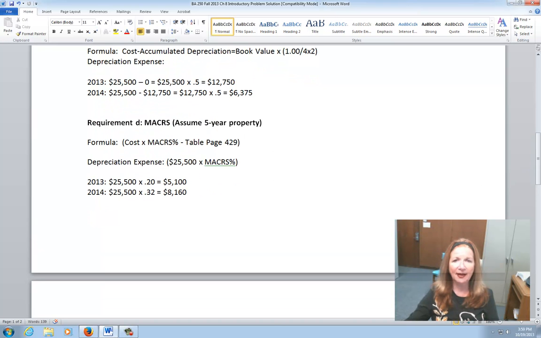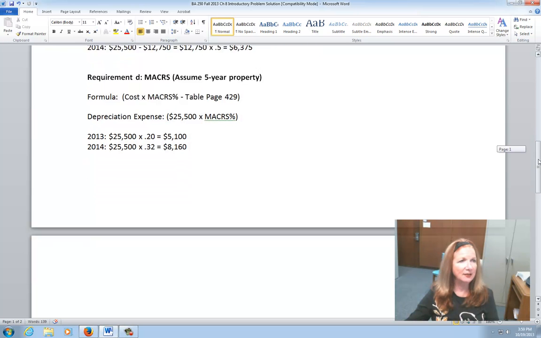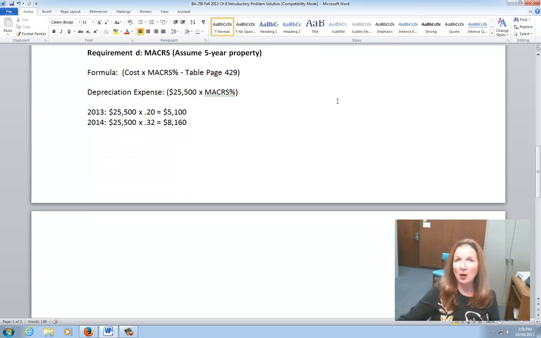Now the next method is the Marx method, and we're going to have to assume it's a 4-year life, so we're going to have to assume a 5-year property. The formula is cost times the Marx percentage, which is given in a table on page 429.